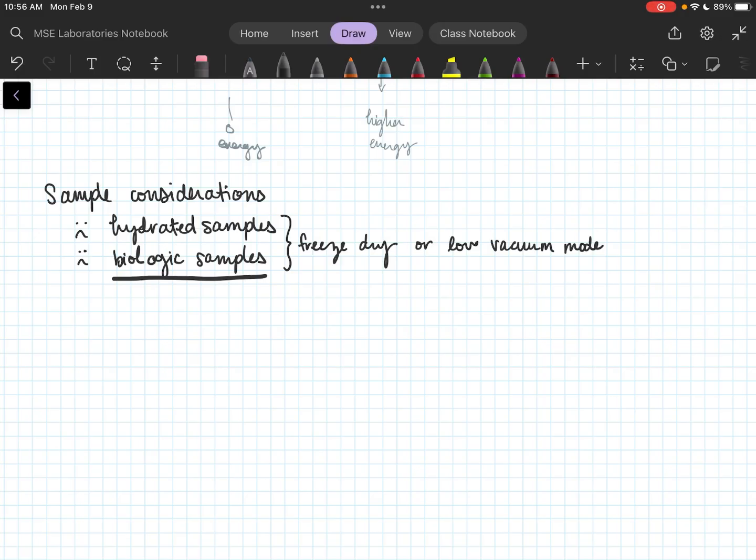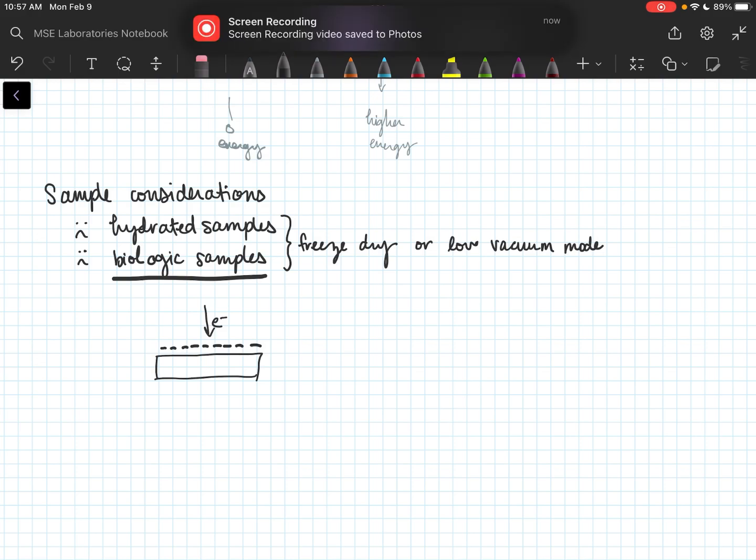Biologic samples are also non-conductive, and we are shooting electrons at them. So if I've got this biologic sample and I'm shooting electrons at the surface, I end up with this cloud of electrons just sitting on the surface. And because of that, I'm going to get poor image quality.